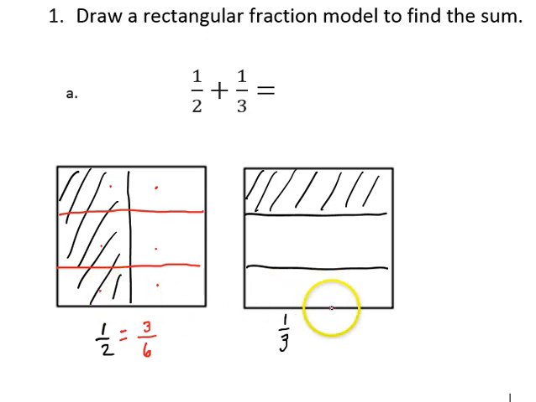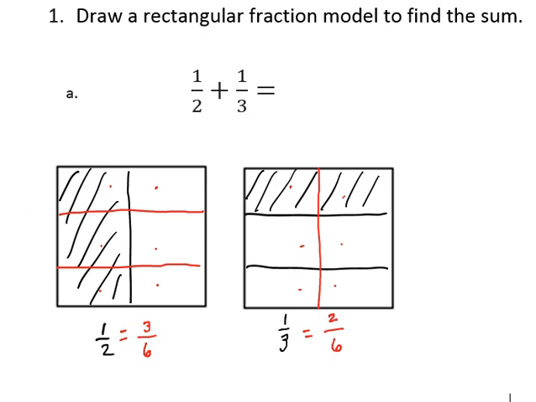On the 1/3 rectangle, I'm going to draw the 1/2, just like I did on the first rectangle. And again, that gives me 6 pieces. So I have 6 pieces, and 2 of the pieces are shaded.